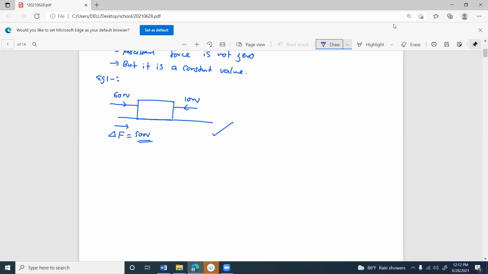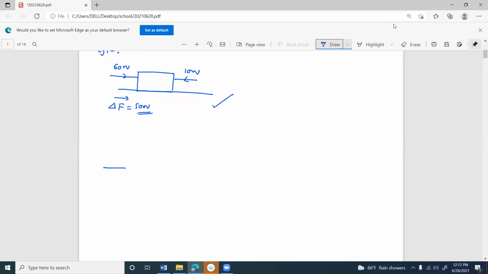Then the second situation. Now, this box, at the initial point A, has a force of 60 newtons on this side and 10 newtons on the other. At point B, this force becomes 50 newtons and this force becomes 5 newtons.